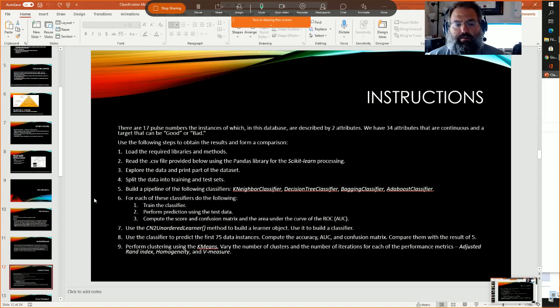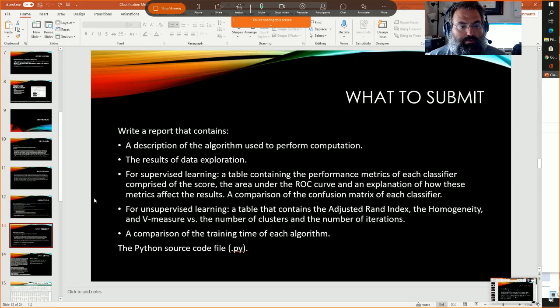So take a look at all 5 of them together, and then perform some clustering using k-means, varying the number of clusters and the number of iterations for each to perform of the performance metrics, adjusted RAND index, homogeneity, and v-measure. So those are your instructions.